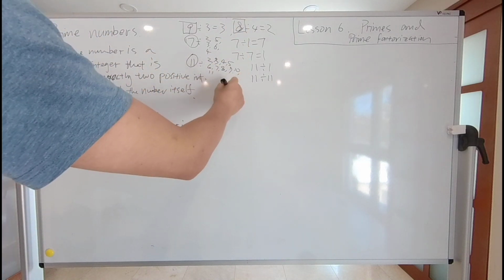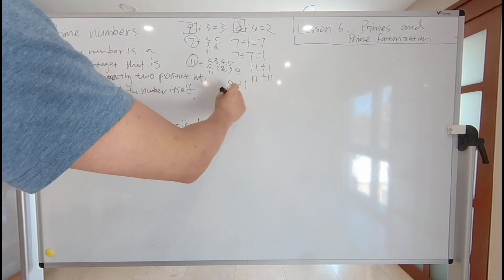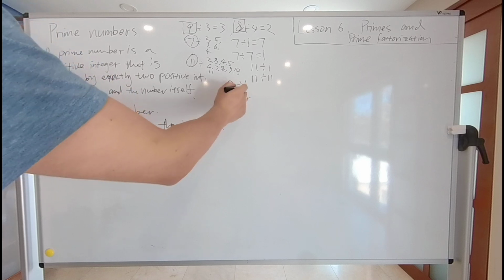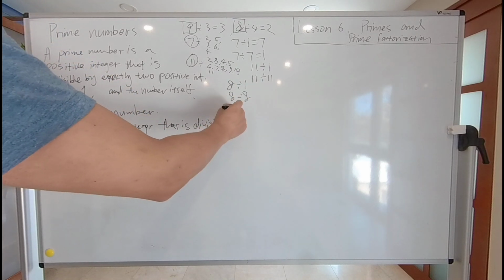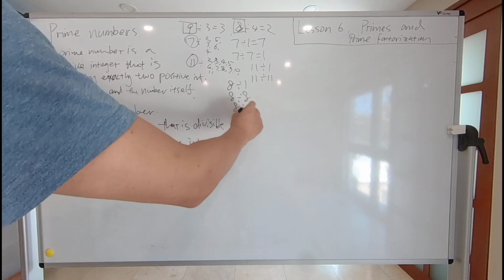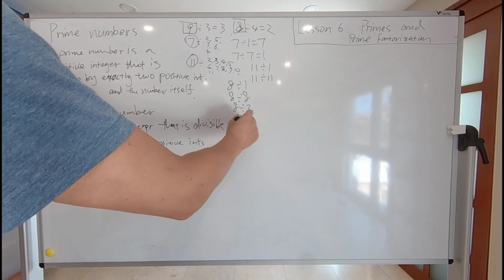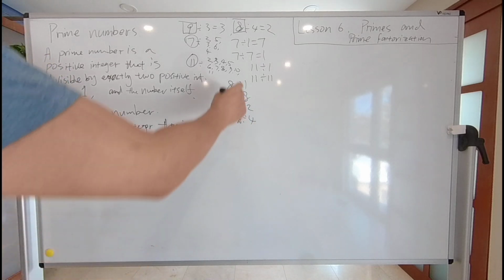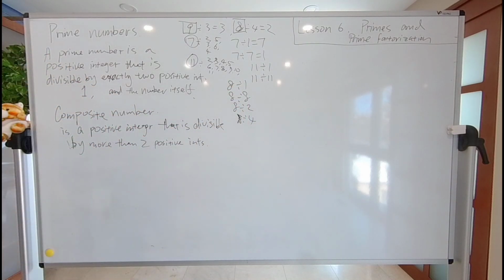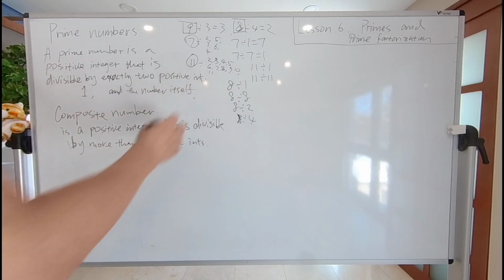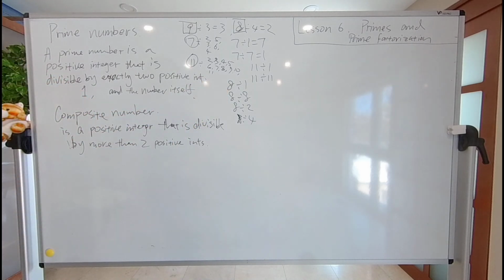For example, the number 8 is of course divisible by 1 and by itself, but it can also be divided by 2 and by 4. So it has more than two factors, which means 8 is not a prime number, it is a composite number.